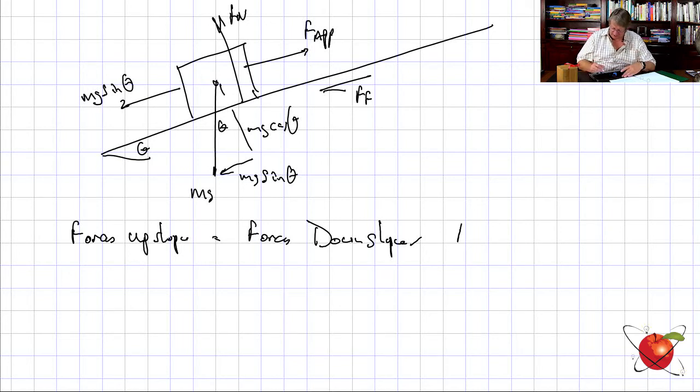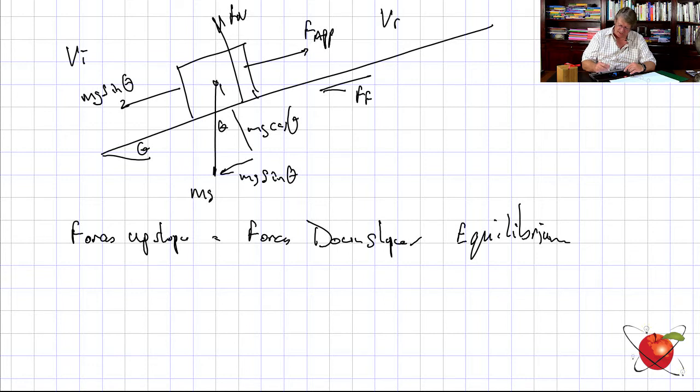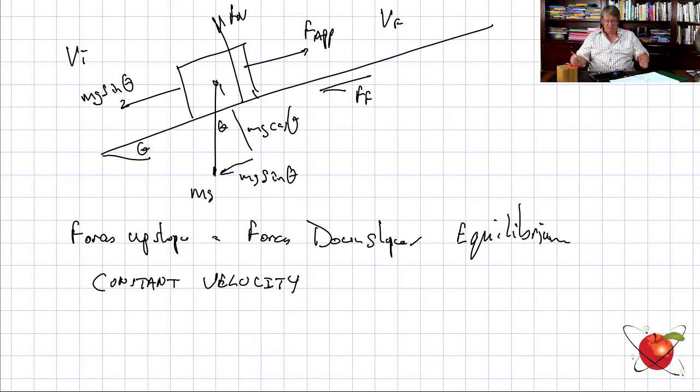It's in equilibrium. Remember this? Equilibrium, like that. Which means, once again, V initial equals V final. It's going at constant velocity. Up or down, doesn't matter.